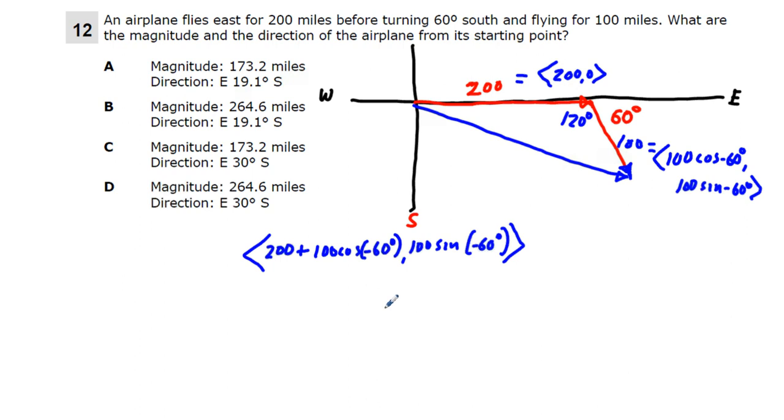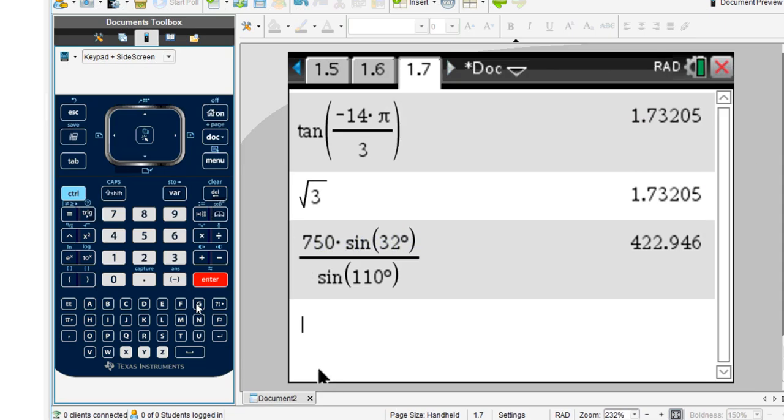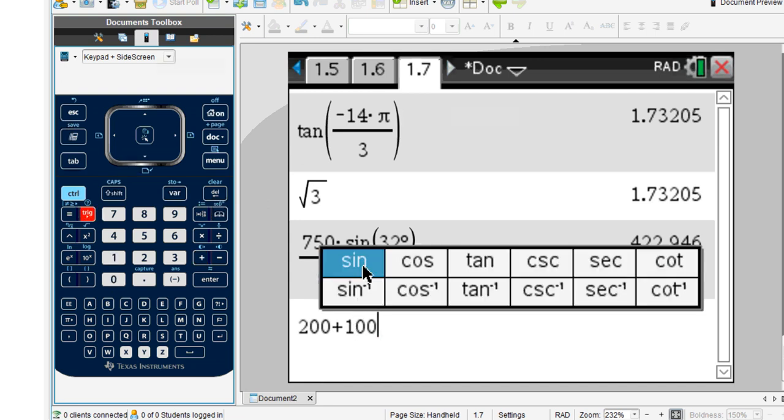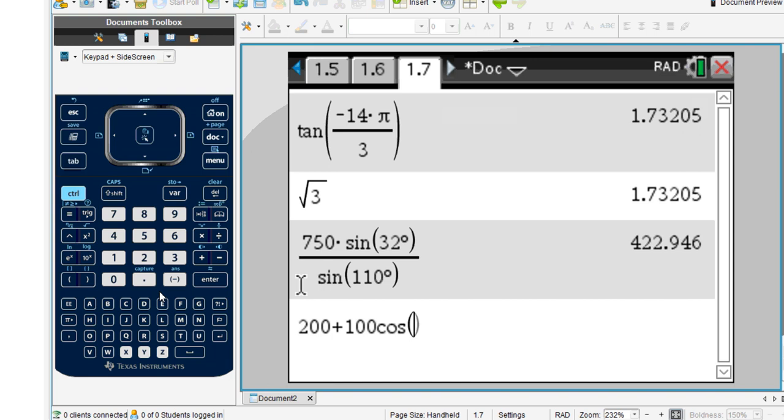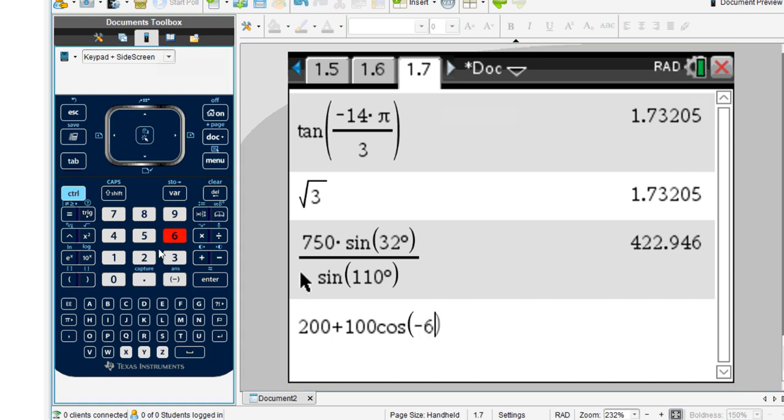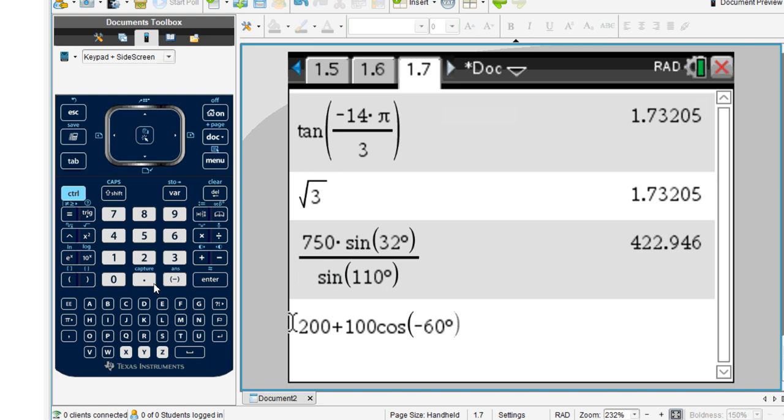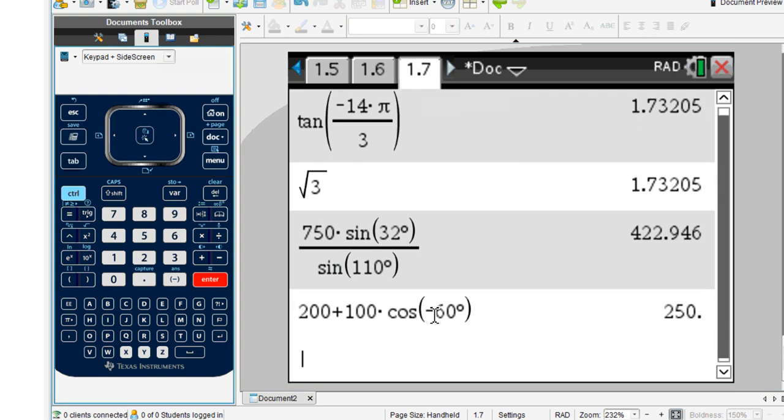So we can just put that in our calculator. 200 plus 100 cosine of negative 60 degrees, and I know that's going to be 250, because I know cosine of negative 60 degrees is 1/2.